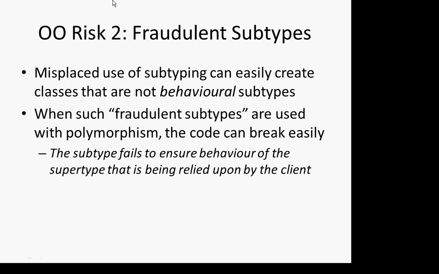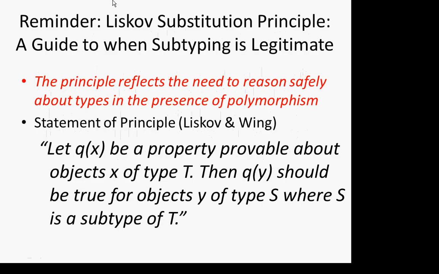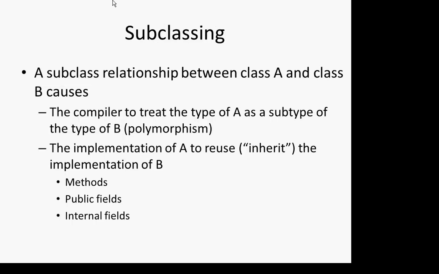Fraudulent subtypes are a big risk associated with object-oriented programming, and I will expect you to be checking the correct operation of code written against parent types against your actual types. Subclassing is another whole issue. Subclassing involves not only subtyping, which brings along polymorphism, but it also involves what, ladies and gentlemen?